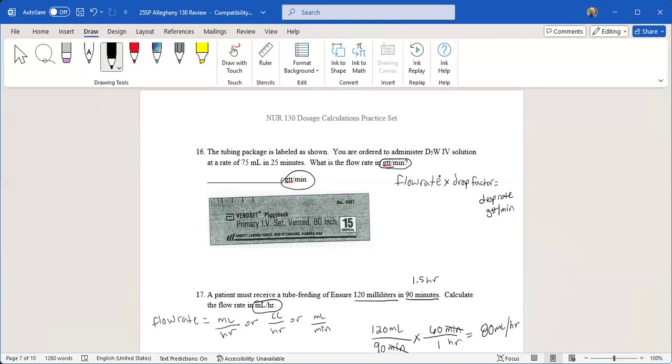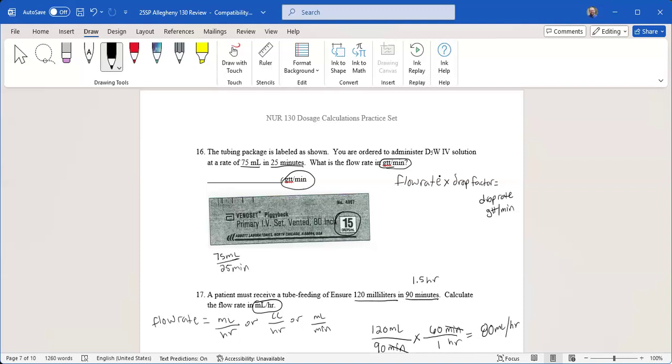All right, so let's look at this. It tells us that we have an order to administer an IV solution, 75 milliliters over 25 minutes, and then we have a drop factor, and I have to look at my label, of 15 drops per ml. So I'm going to take my volume over my time.